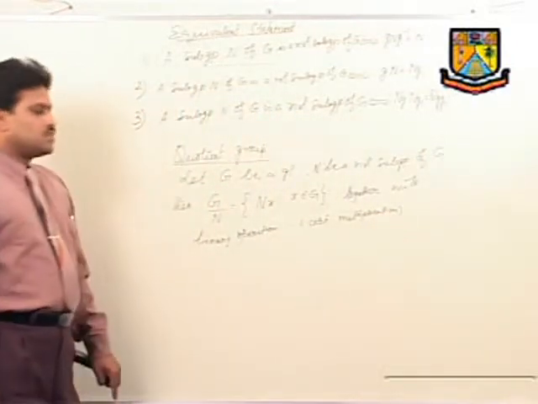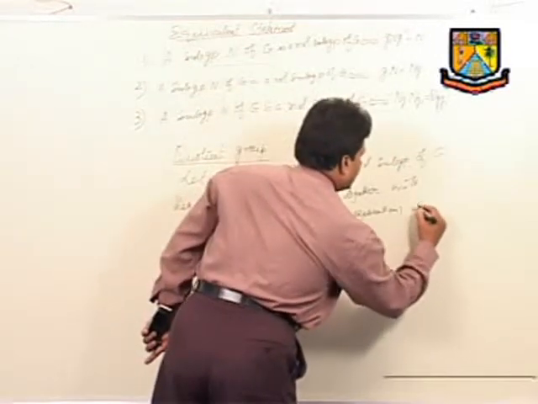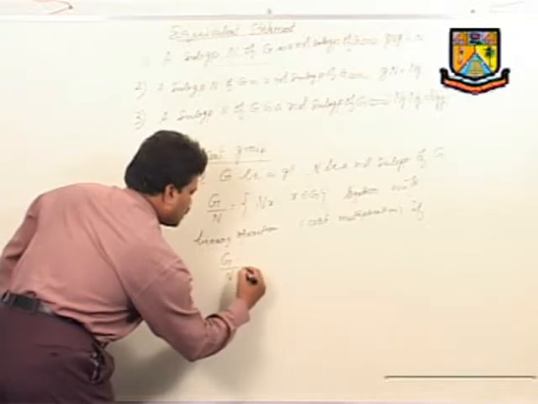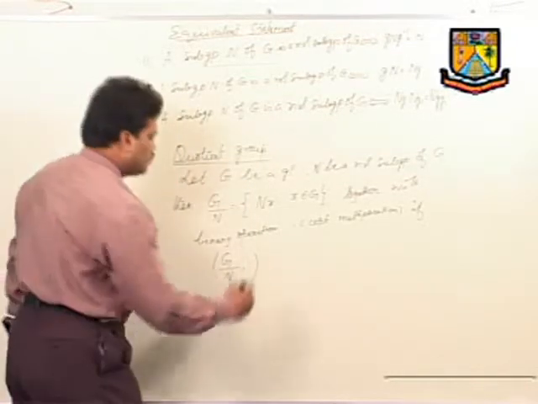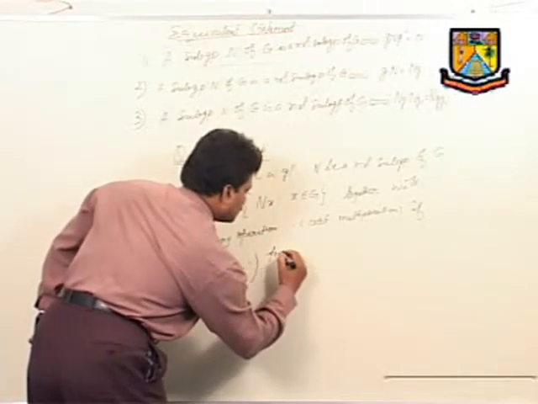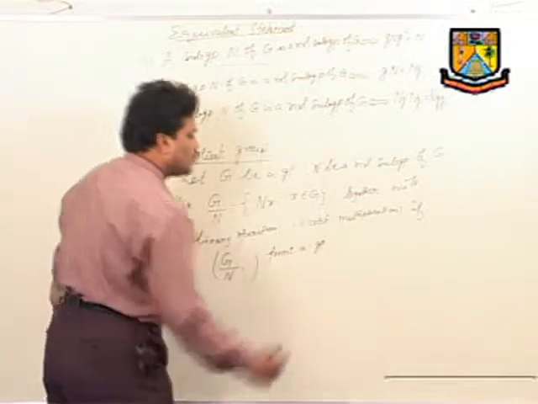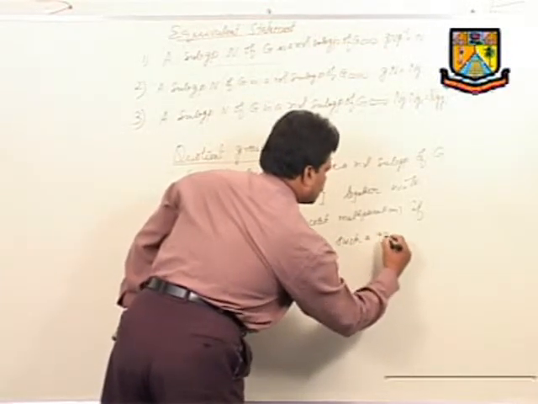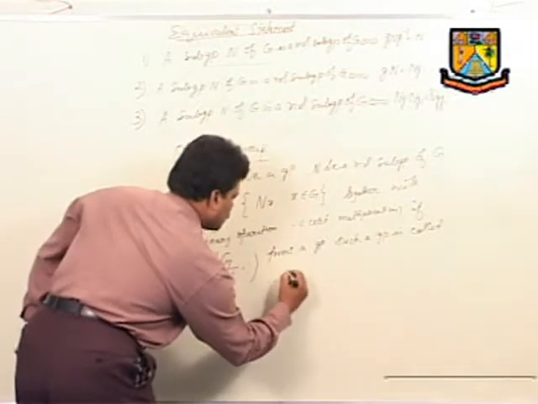If G by N, dot forms a group, such a group is called a quotient group.